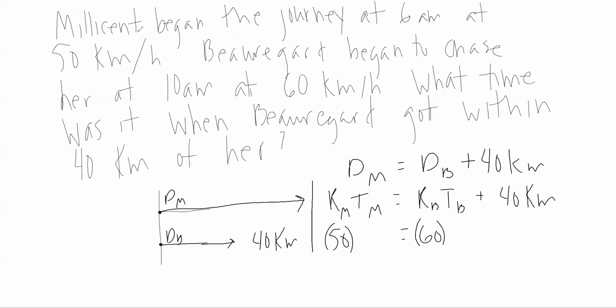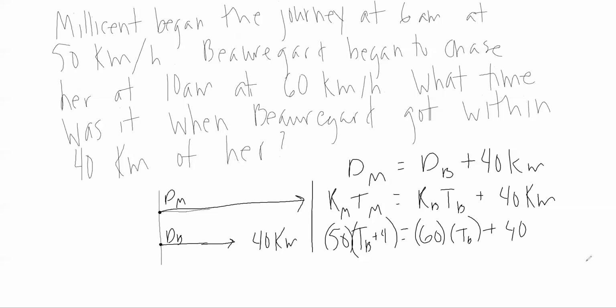And I know that Millicent's time is 4 hours more than Beauregard's time, right? Because she left at 6 a.m., he didn't leave till 10. So her time is TB plus 4. Plus this 40 kilometers, okay?